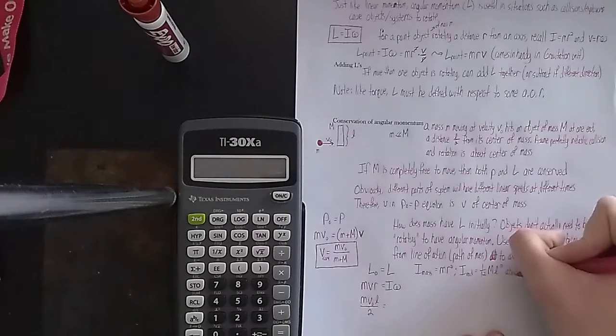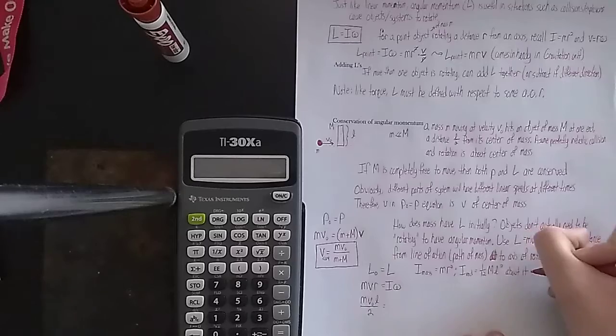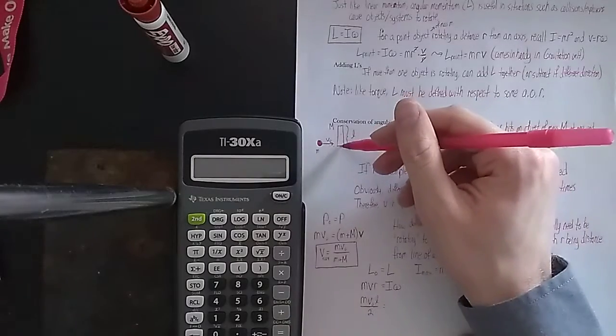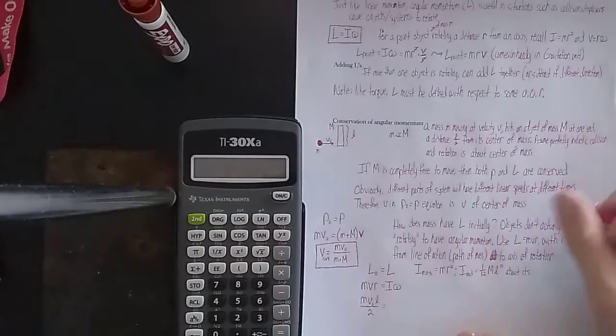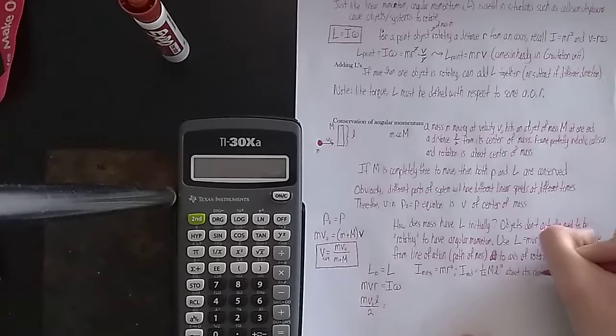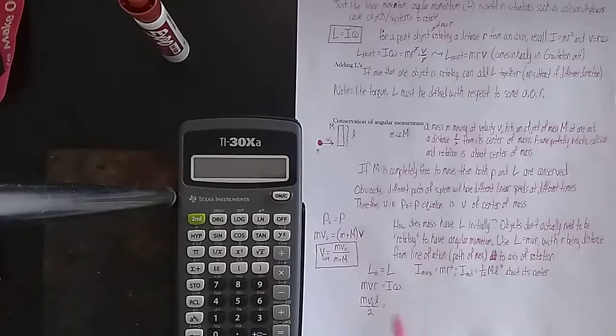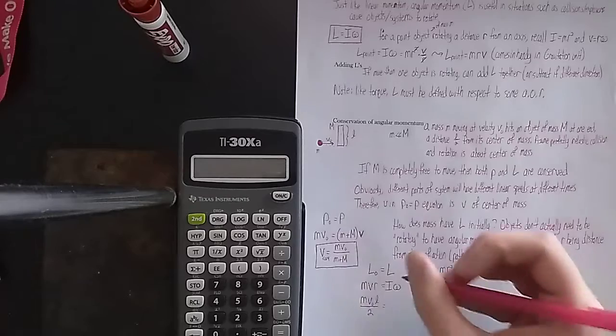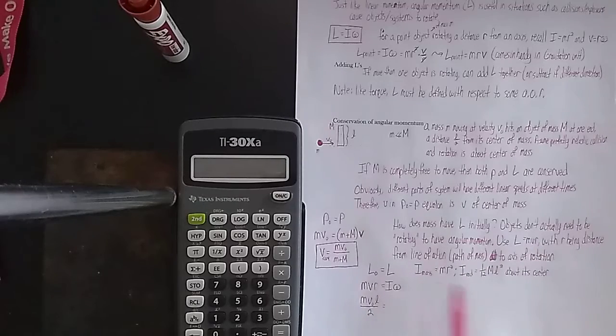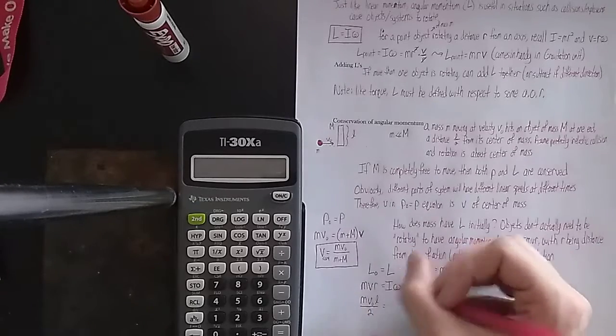By the way, this is the moment of inertia about its center, since it's rotating about its center. If it was rotating about an end, then it would have a different moment of inertia. But we don't need to get into that. The moment of inertia of the system is simply the sum of the moment of inertia of its parts, so the moment of inertia for the mass and the moment of inertia for the rod.